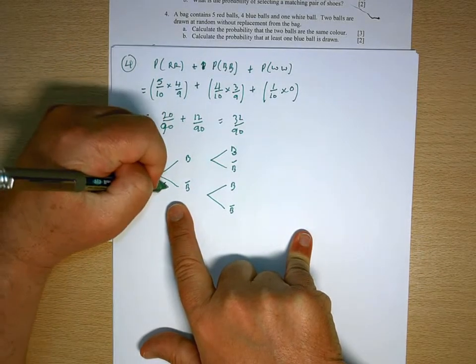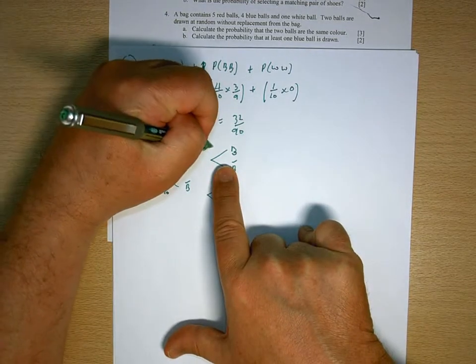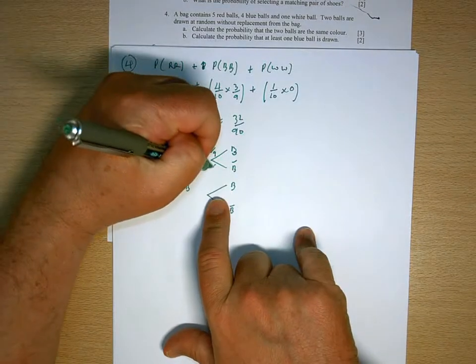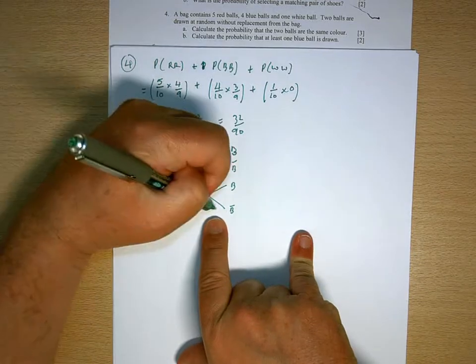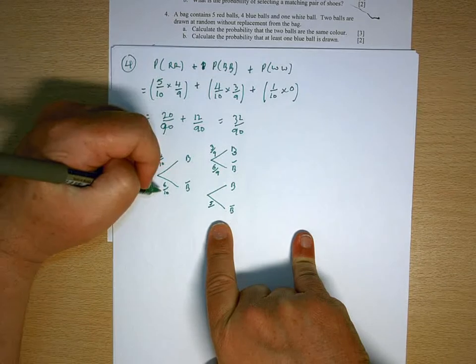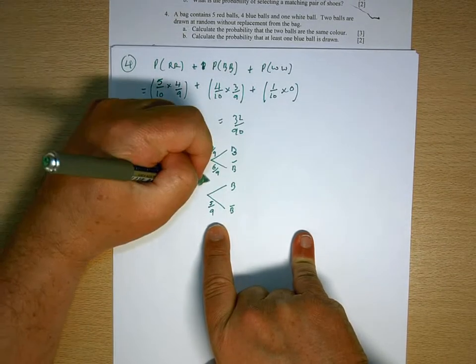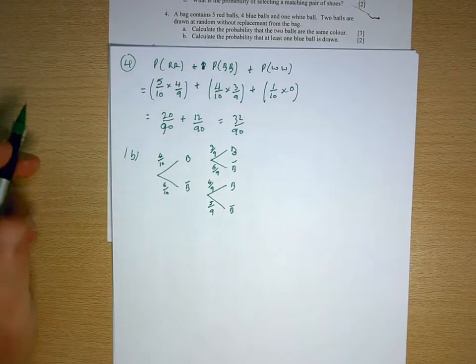So the chances of it not being blue is 6 out of 10. The first one's blue. The second one is one fewer blue there, so it'll be 3 out of 9, which means that is 6 out of 9. If the first one's not blue, then chances of the second one not being blue is one fewer out of 9, which means that the chances of it being blue are 4 out of 9.